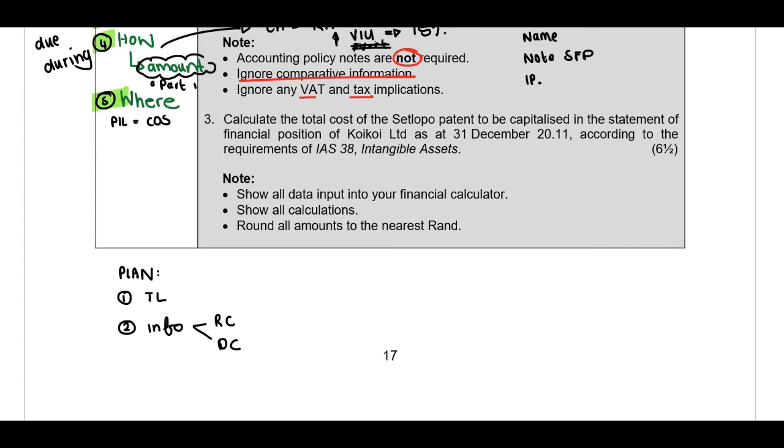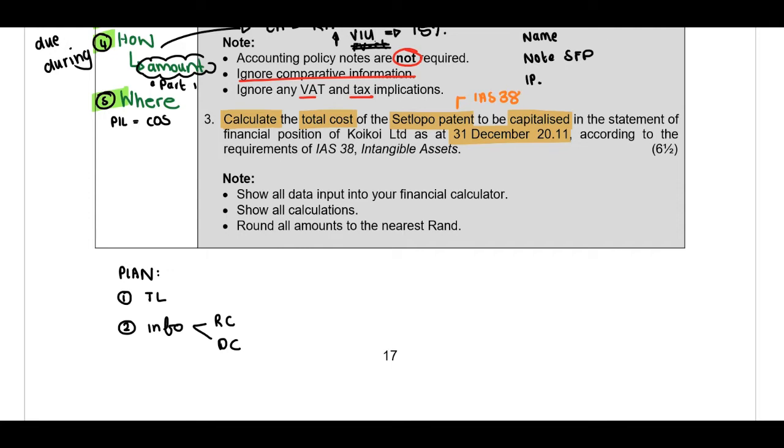Part 3. Calculate the total cost of the said lawful patent to be capitalized in the statement of financial position of KoiKoi Ltd. as at 31 December 2011. We know we need to focus on the patent, again guys, our IAS 38 principles.